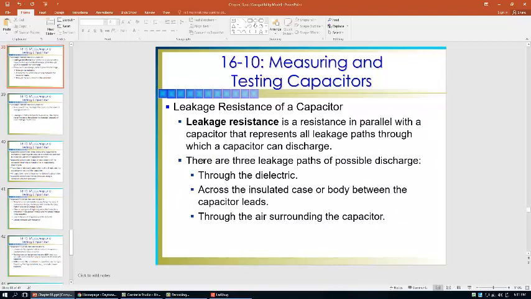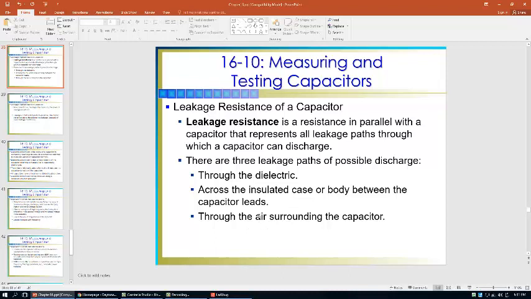So the capacitors can leak through the dielectric. They can also leak across the insulated case or body between the capacitor leads, where some kind of contact between the leads causes leakage, and also through the air.